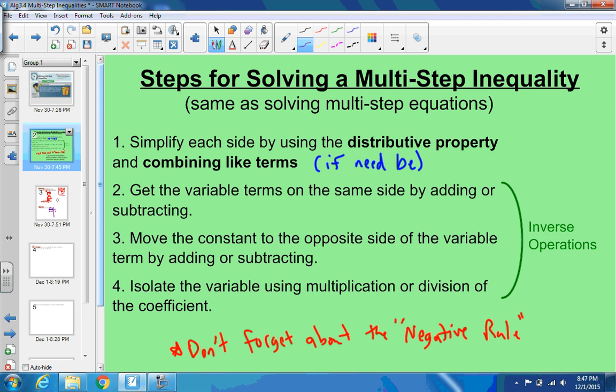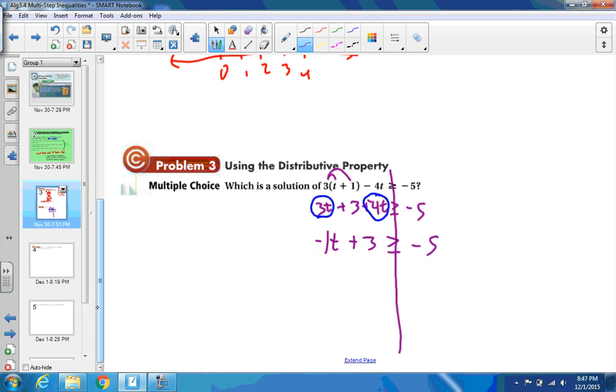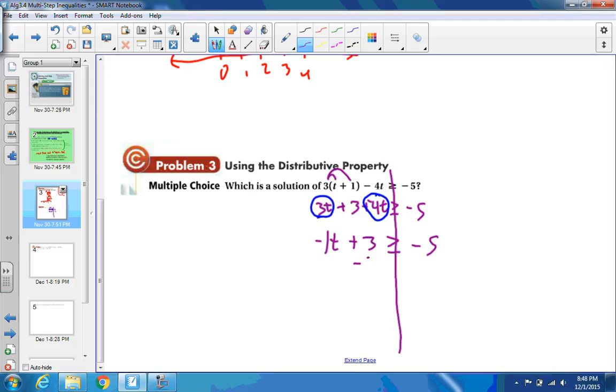Get rid of the constant from that side. So to get rid of this constant, which is the plus 3, since there's no variable attached to it, we're going to do that next. We're going to do the opposite, which is minusing 3. We're left with negative 1t is greater than or equal to negative 5 minus 3 is actually negative 8.